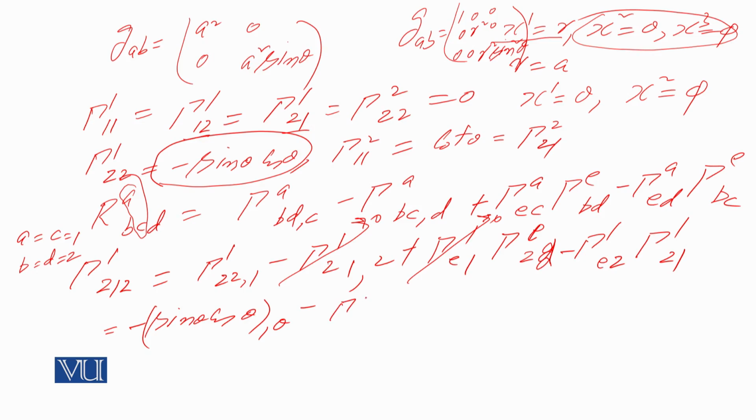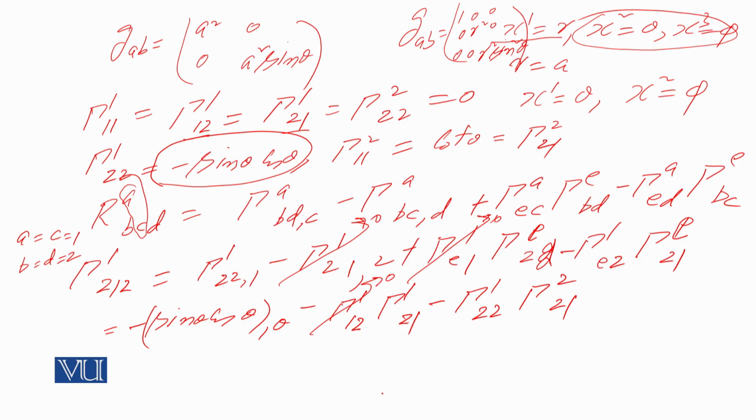Now we can check Γ^1_e2 and Γ^e_21. Similarly, we can write Γ^1_22 and Γ^2_21. So we check this is 0. So this goes to 0 here.